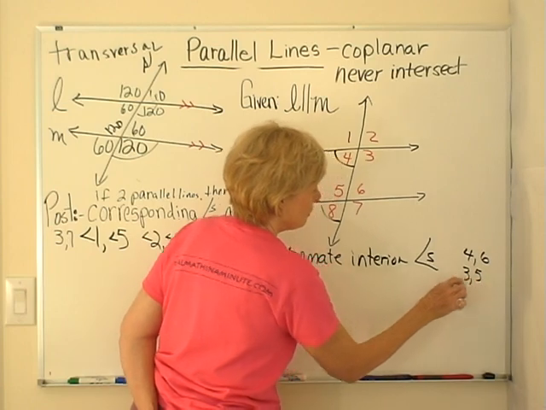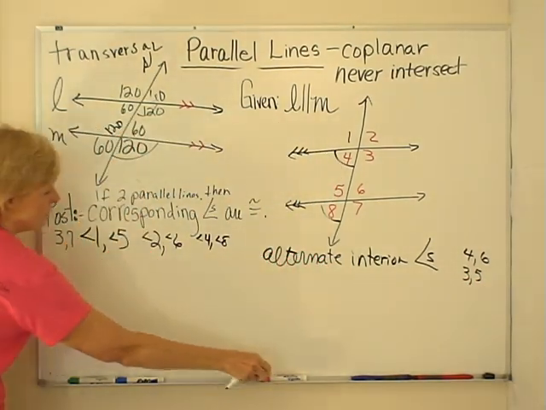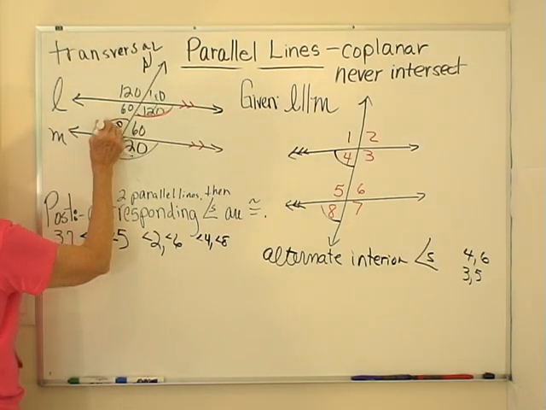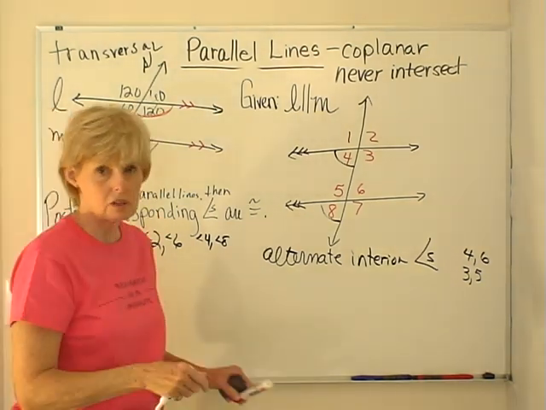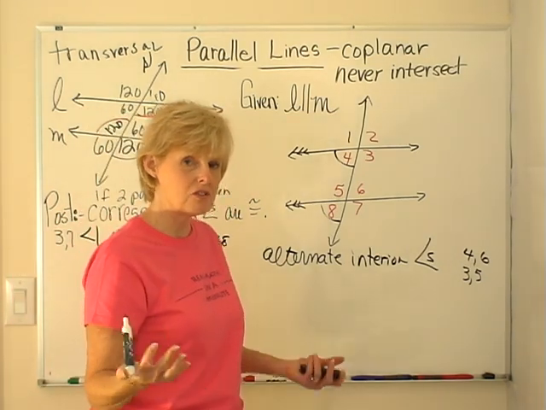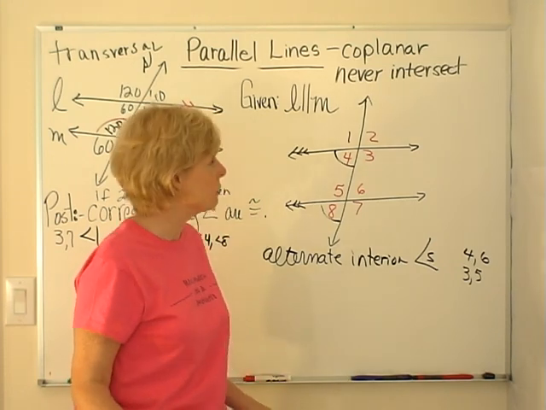Good. And if we look at those over here, here's alternate interior. Our angle right here that's 120, and our angle right there that's 120. And those are alternate interior, and they're equal in measure. So let's think this through: would they always be equal in measure?